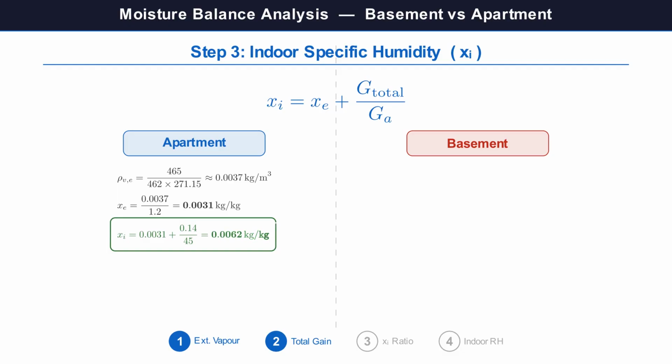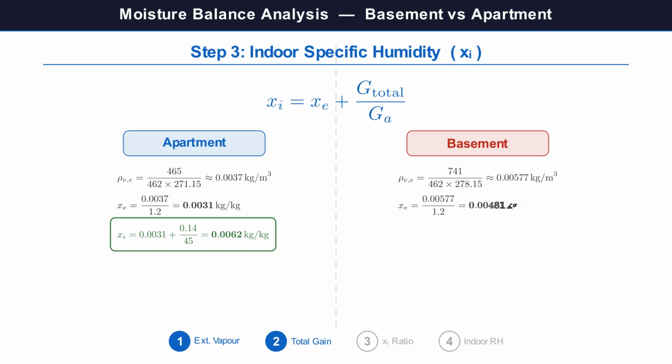For the basement, at the warmer outdoor temperature of 5 degrees, ρV equals 741 divided by 462 times 278.15, giving 0.00577 kilograms per cubic meter. Xe is 0.00577 divided by 1.2, equal to 0.00481 kilograms per kilogram.